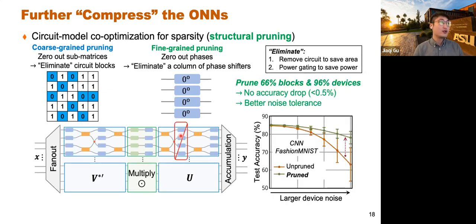So with those bi-level pruning, coarse-grained block-level pruning and fine-grained column-wise pruning, you can reduce the circuit size by 66% and also maintain the accuracy within 0.5%. And also because you have fewer devices to generate less noise, the circuit robustness is much better than before, right? Even though you inject large device noise and error, it can still maintain a relatively high accuracy.